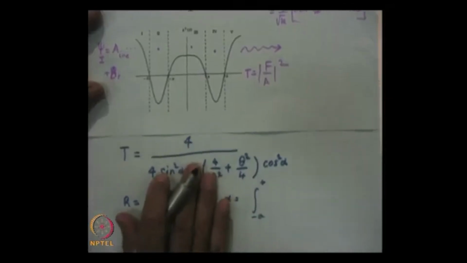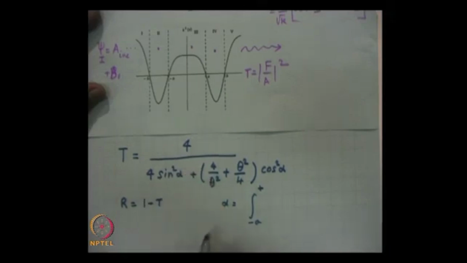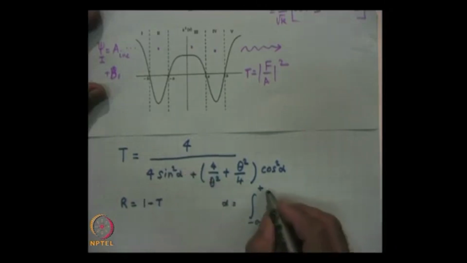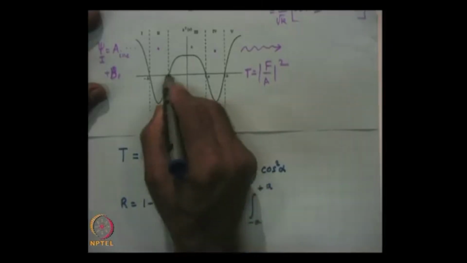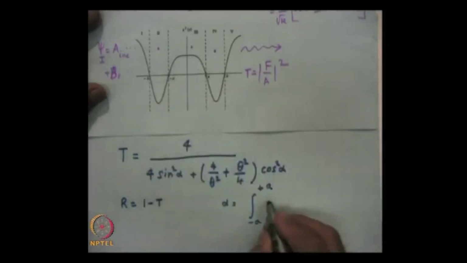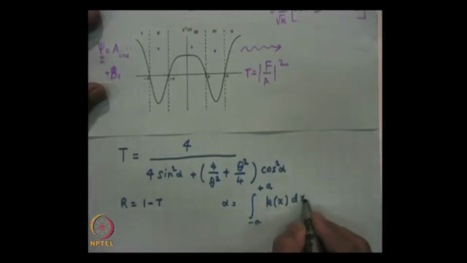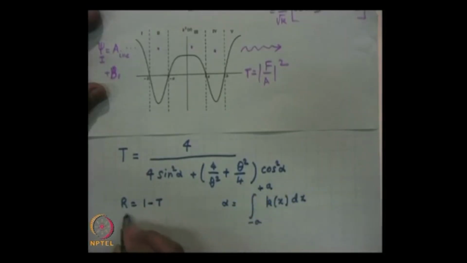So, the transmission coefficient becomes, so alpha is equal to the integral from minus A to plus A, and between minus A and plus A, k square of x is positive. So, this is k of x dx, and then theta is defined to be equal to exponential of the integral from minus A to B of kappa dx.